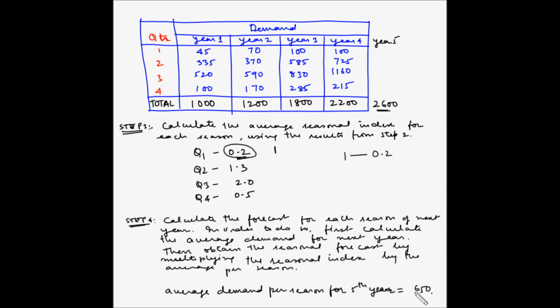So if it is 650, then how much? So 650 multiplied by 0.2, and this is equal to 130. Similarly, for Q2, if the average forecast is 1, then the seasonal forecast is 1.3.